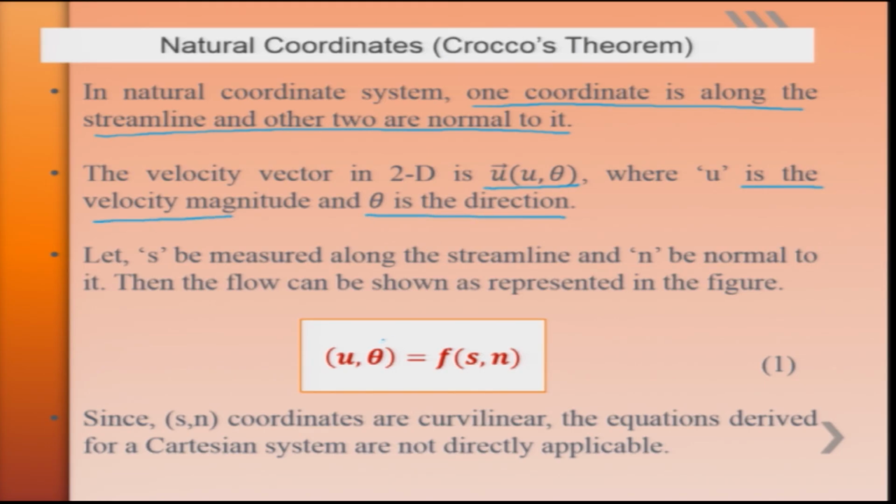Now this u at theta is a function of the natural coordinates s and n, and these governing equations which we have obtained earlier in Cartesian coordinate system are not directly applicable, but you still can apply them if you transform those equations using your natural coordinate system.